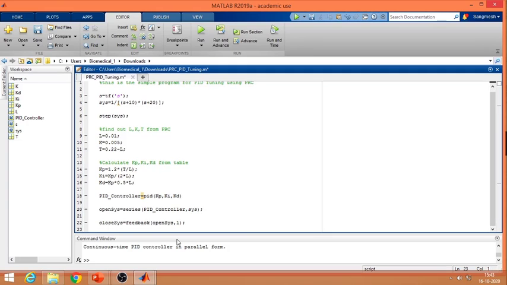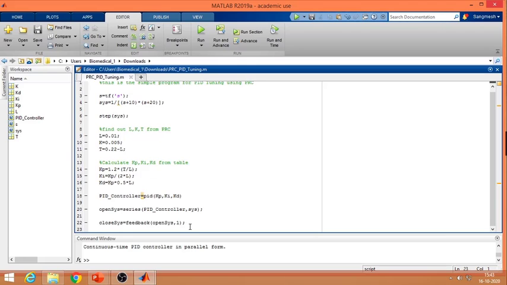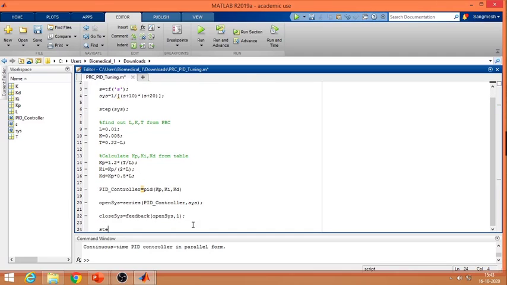Now we get this complete block diagram. This complete block diagram we have now designed, which is nothing but closed sys. Now our task is to check the step response of this closed sys. What we are expecting is that this should be a properly tuned one, so this should be our desired output.